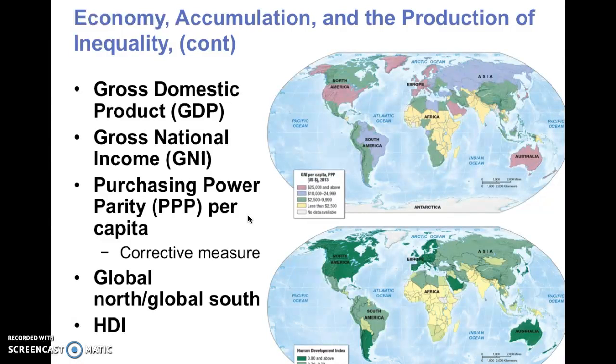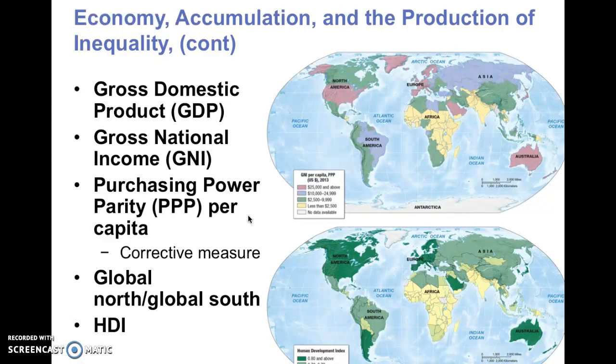Purchasing power. What is your purchasing power? What does a dollar buy? What a dollar buys in Little Rock, Arkansas is considerably more. It takes about $2 to $3 in California to buy what $1 buys in Little Rock, Arkansas. So that's an important factor. It's a corrective measure. It kind of balances it out. You may have less income someplace, but the purchasing power may be greater, even with that less income.